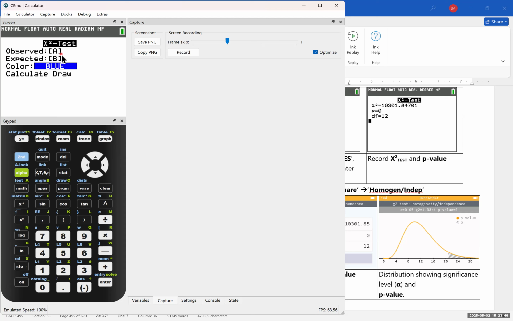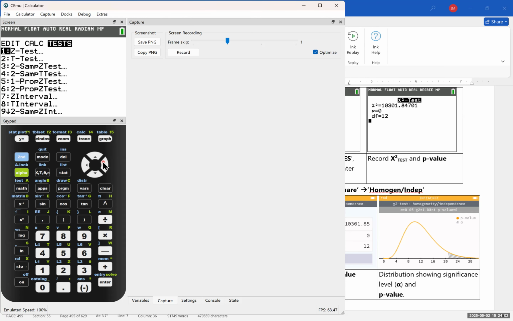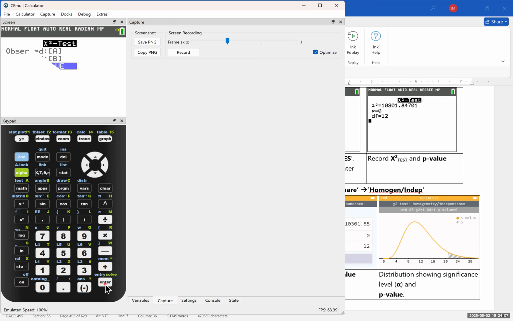So notice it's got the letter A enclosed with brackets. That's telling you it's a matrix. If you accidentally just type in an A like this, oops, come on now, let me quit. Okay, let me see if I clear that.